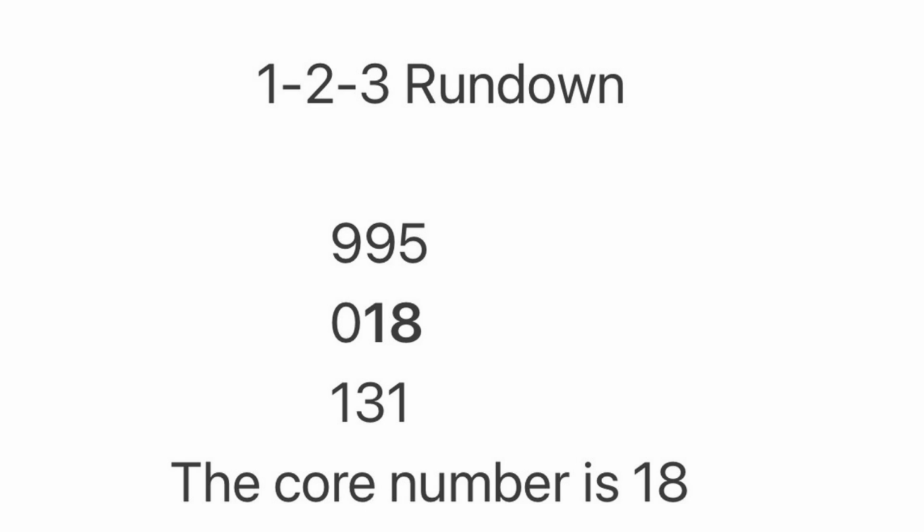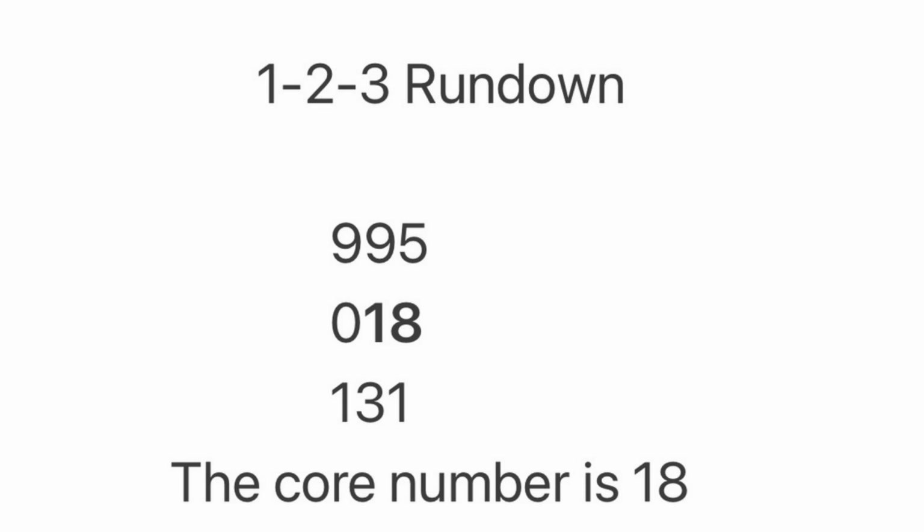Now, with your core numbers, you're going to build around those two core digits to formulate your 3-digit number. Sounds a little confusing, but it's very simple. Now, the numbers around your core number are the numbers that are going to make up my 3rd digit to go with the 2-digit core numbers.